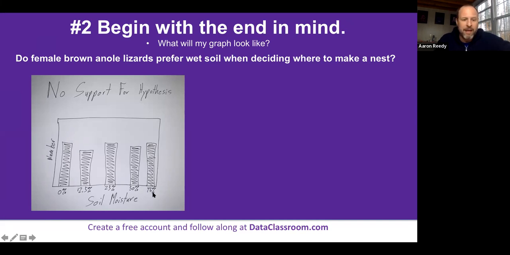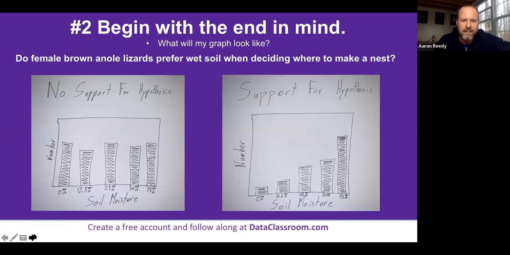If your hypothesis is not supported, you're likely going to see some random fluctuation in the height of these bars, but basically no clear preference in which soil moisture the females were laying eggs. If your hypothesis were supported, you can look at this kind of student sketch, and it's going to show, okay, we're going to see some kind of clear trend.